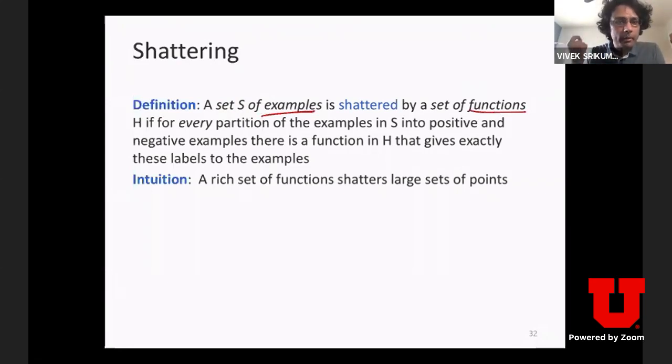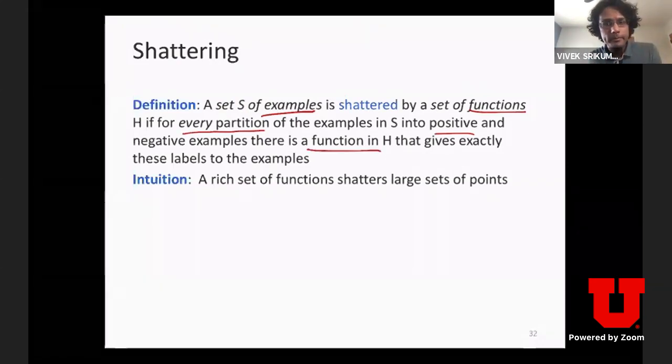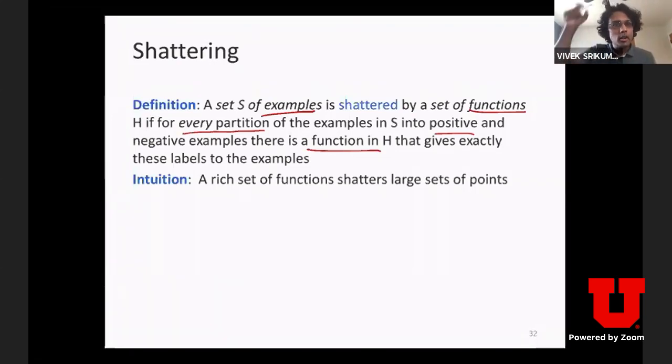We say that the set of examples is shattered by the set of functions if, no matter how you label the examples as positive and negative, there is a certain function in this set that gives exactly the same labeling. So no matter how you label examples, you will find a function inside the set that also agrees with your labeling. That's what we did with the linear classifiers in 2 dimensions, right?